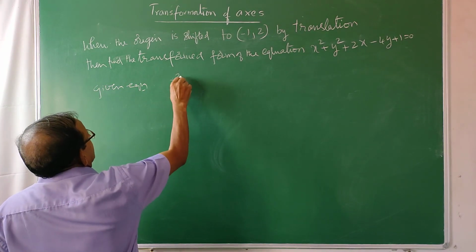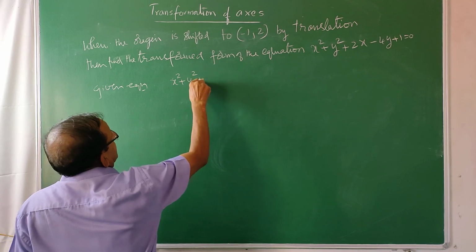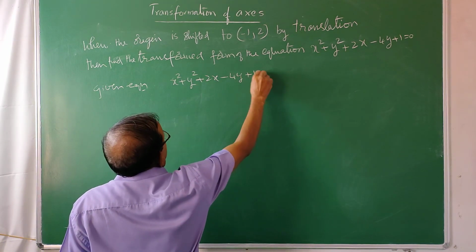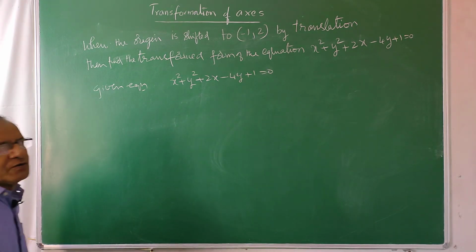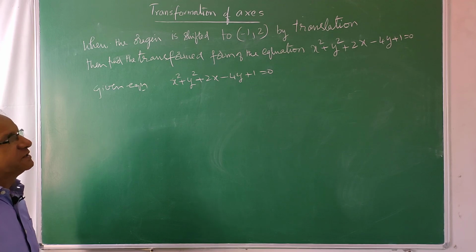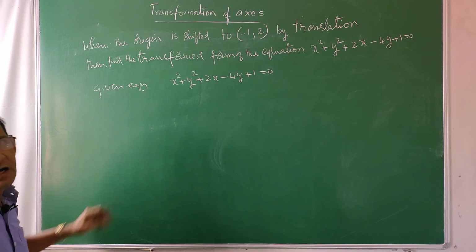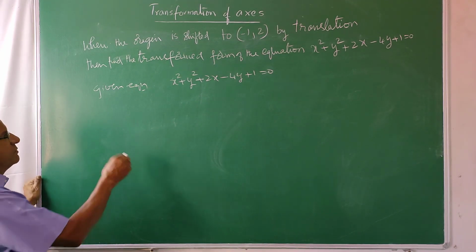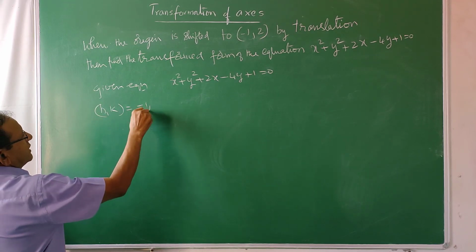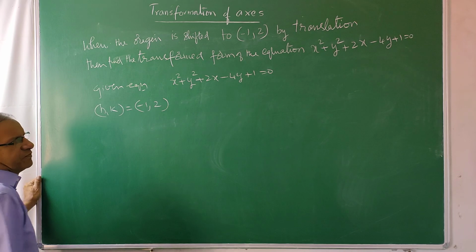X square plus y square plus 2x minus 4y plus 1 is equal to 0. What is the point to which the origin is to be translated? That is minus 1 comma 2. That should be taken as h comma k. H comma k is equal to minus 1 comma 2.